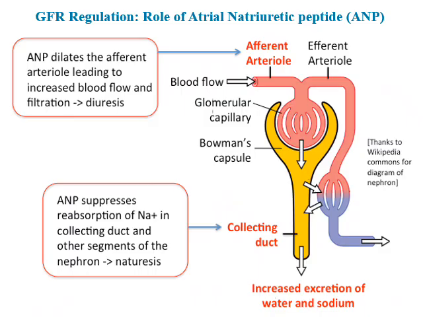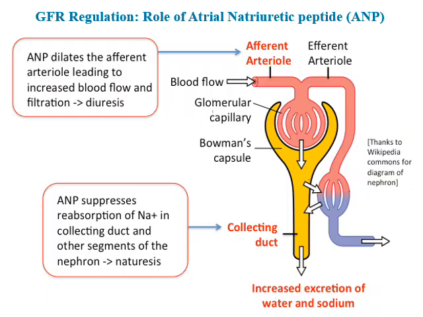Then you have another hormone which you call the atrial natriuretic peptide. It's a hormone that works to lower blood pressure. Most of the hormones that we're going to look at that affect blood pressure tend to increase blood pressure, except for the atrial natriuretic peptide.